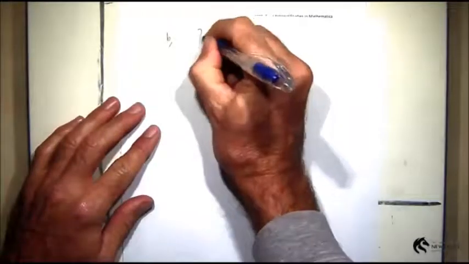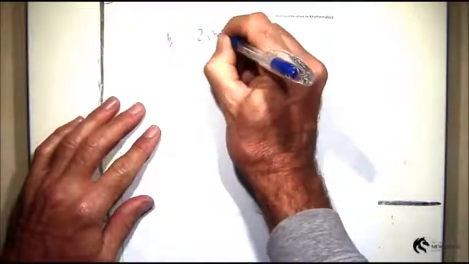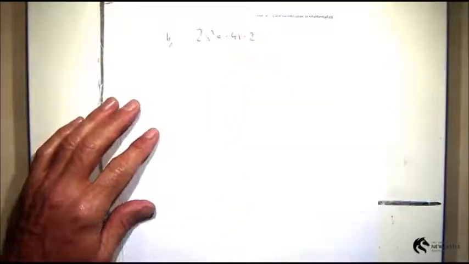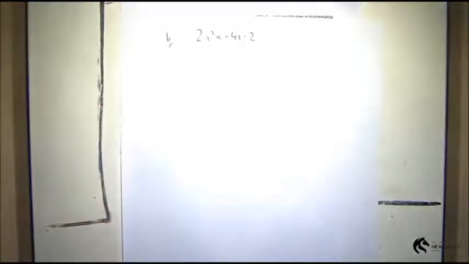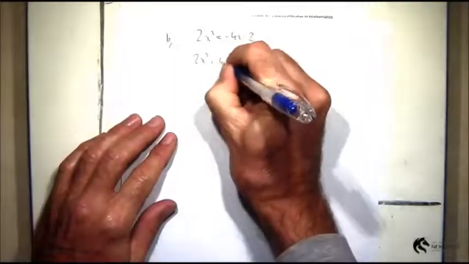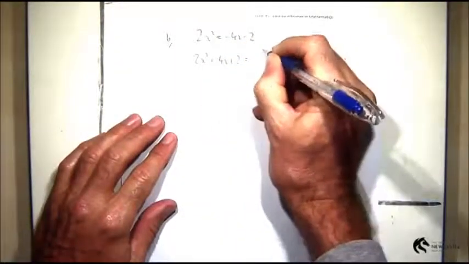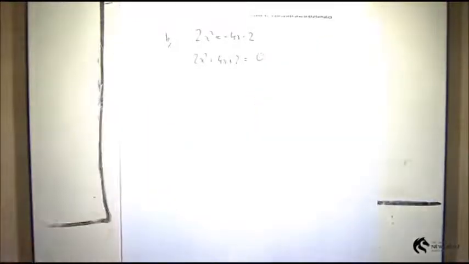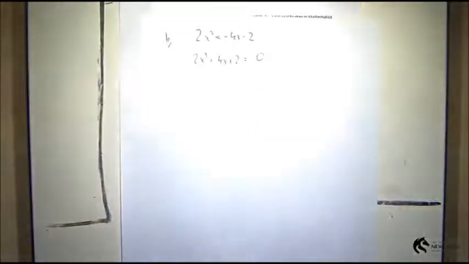B says 2x squared equal to minus 4x minus 2. So let's make it quadratic trinomial. So here I've got 2x squared plus 4x plus 2 is equal to 0. Now, I could work with it there and say A is equal to 2, B is equal to 4 and C is equal to 2.